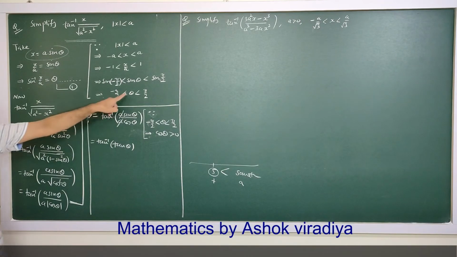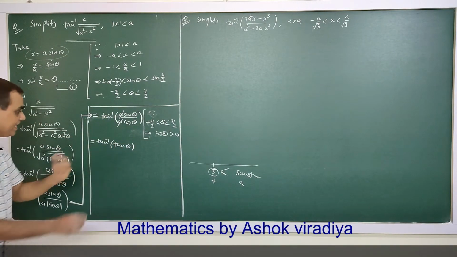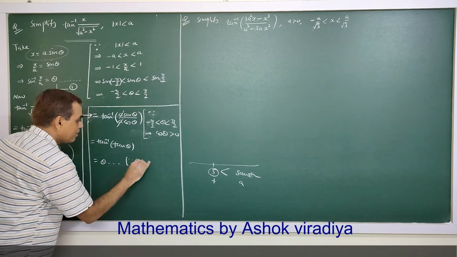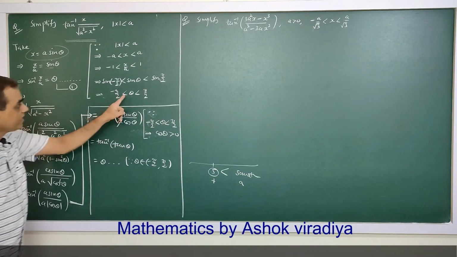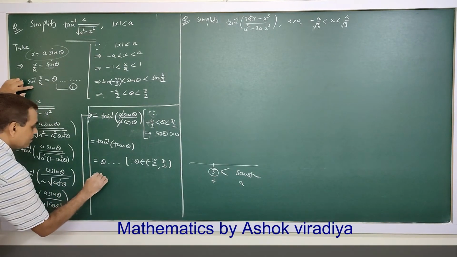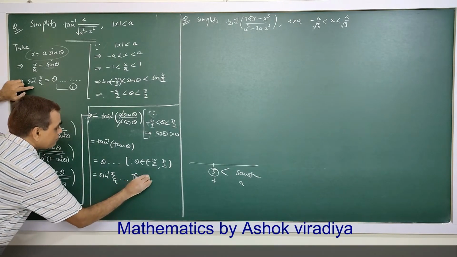Now look, theta is already in the domain of tan, so tan inverse tan theta is theta, because theta belongs to minus pi by 2 to pi by 2, already proved here. And what is the value of theta? Theta is sine inverse x by a. This is from 1.